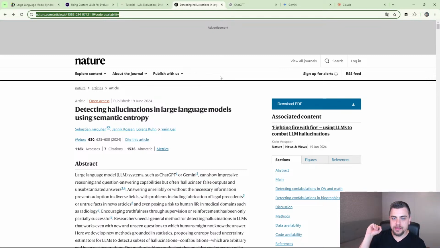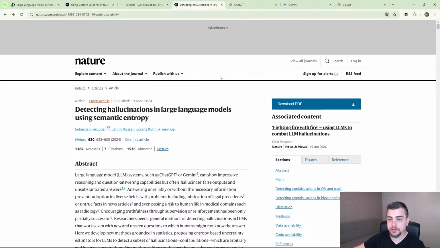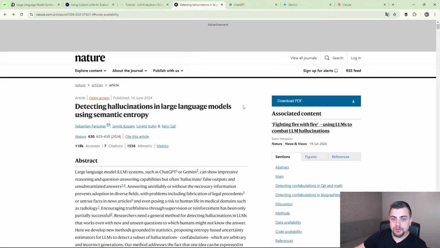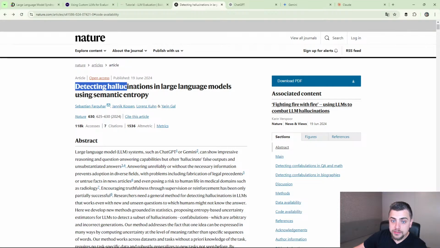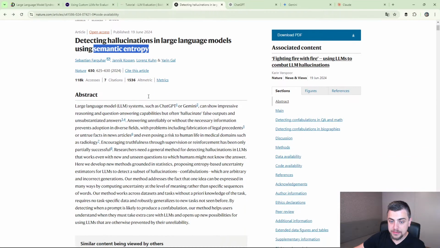And that's the reason why I put this research paper. It is published in Nature. I haven't read it through, but it shows a broad view that we could use some kind of statistical methods to evaluate or detect, for example, one of the huge flaws of large language models, hallucinations, just by using semantic entropy, whatever it means.